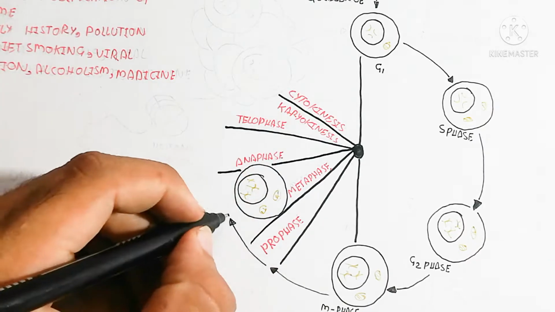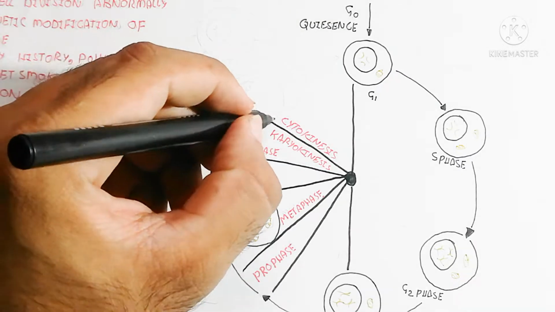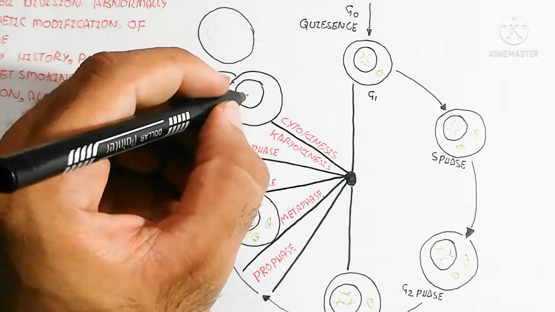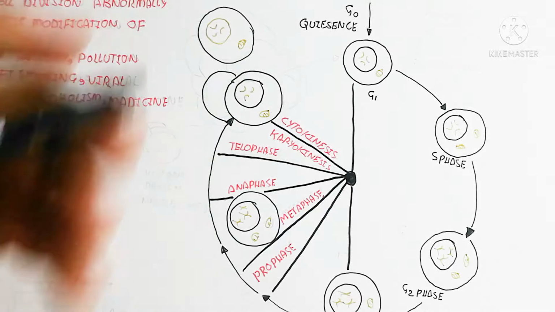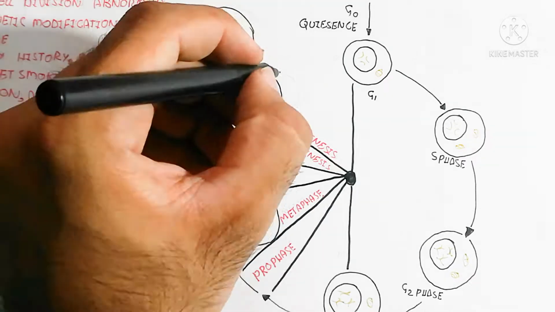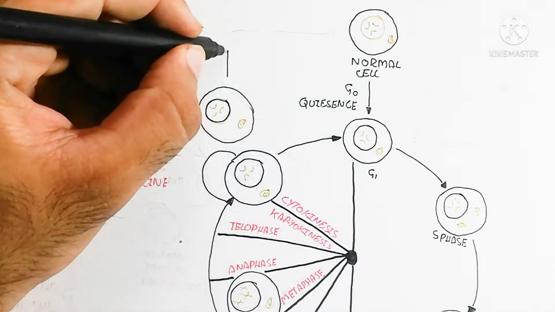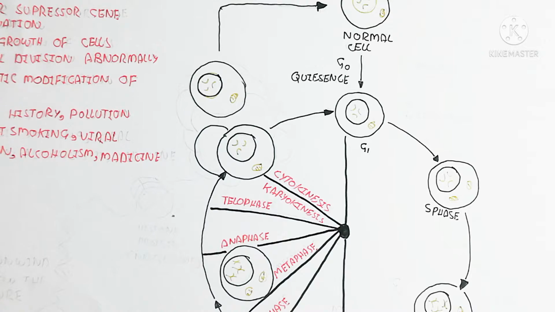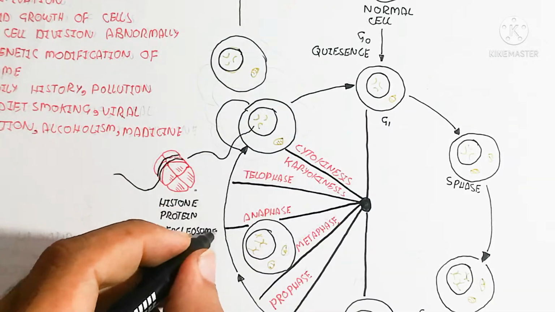Prophase is the beginning, metaphase is near the metaphase plate where the chromosomes are present, anaphase is the separating, and telophase is the complete separation. Karyokinesis means the nucleus separates, and cytokinesis follows.